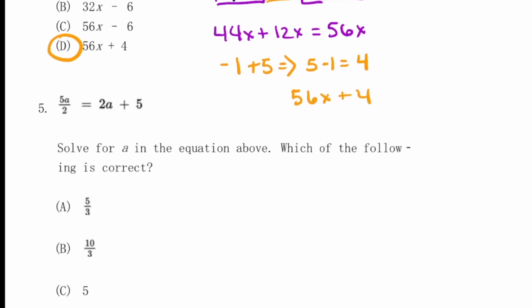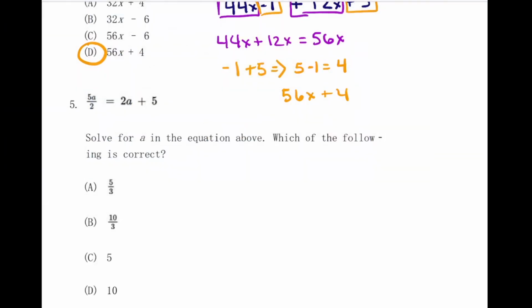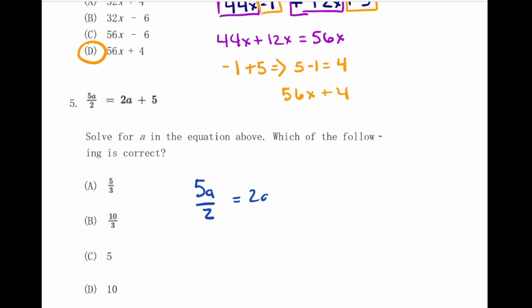For the next problem, we are going to solve for a, and the equation is 5a over 2 equals 2a plus 5. We're going to write this out, and the first thing we're going to do is multiply both sides by 2 because we want to get rid of the 2 on that side.